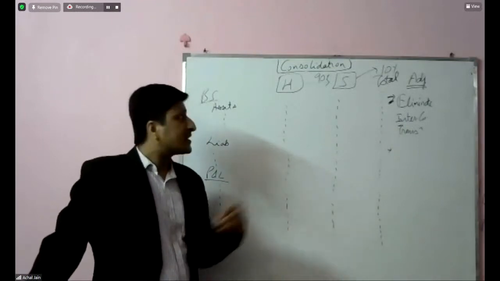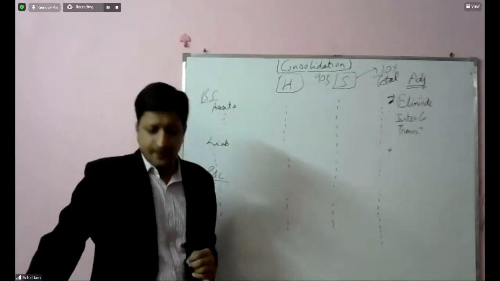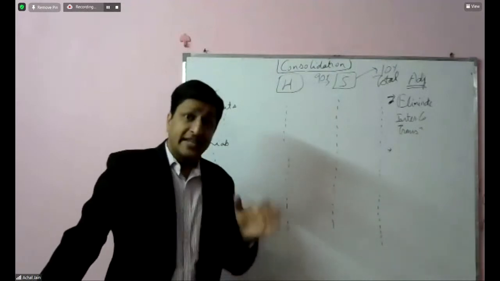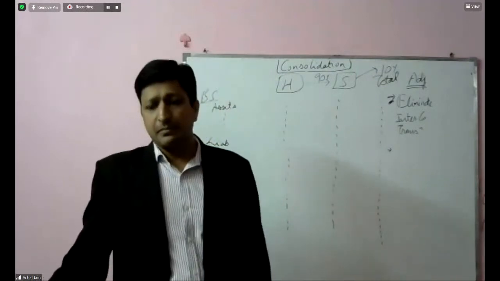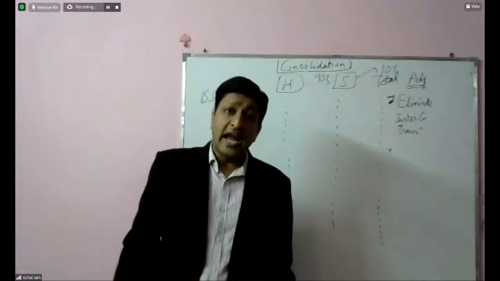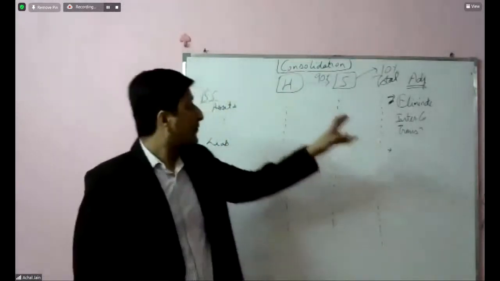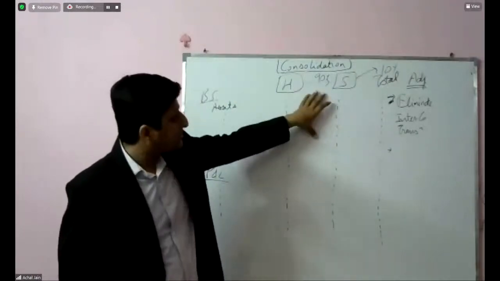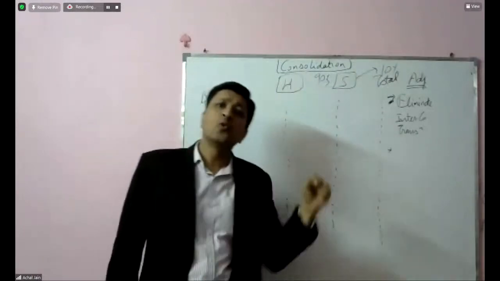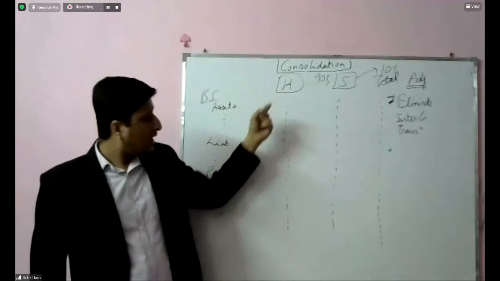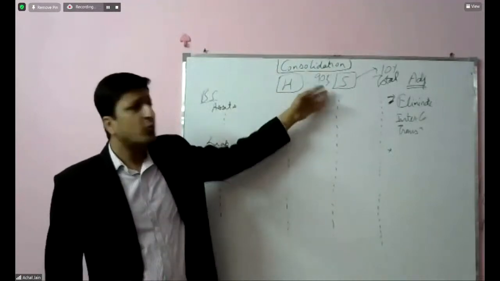Now, if you look at the scenario of consolidation, in the consolidated financial statements, H has picked up 100% shares of S. 100% assets of S. Who has picked up? H. 100% liabilities of S. Who has picked up?